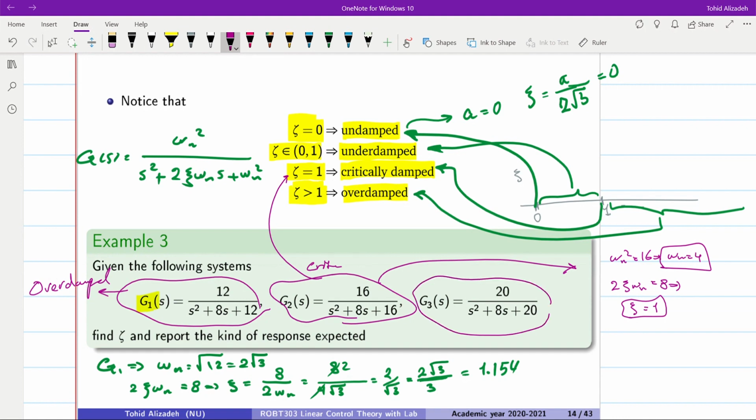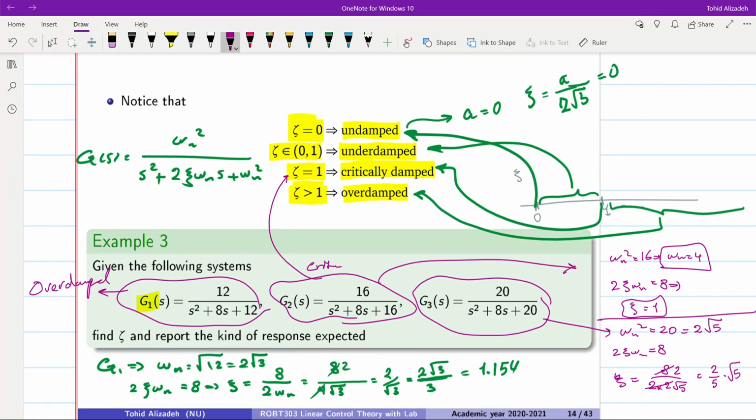And finally, for the third case, G3, omega n squared is equal to 20, and 2 zeta omega n is equal to 8. The square root of 20 is indeed 2 square root of 5. And therefore zeta will be equal to 8 over 2 times 2 square root of 5, or 2 over 5 times square root of 5.